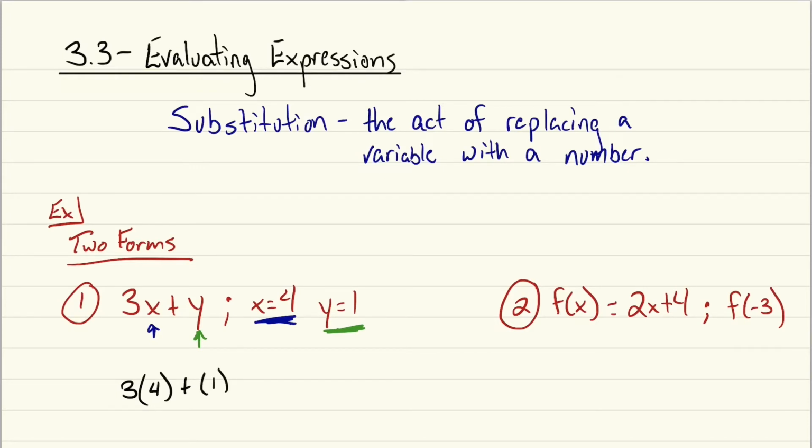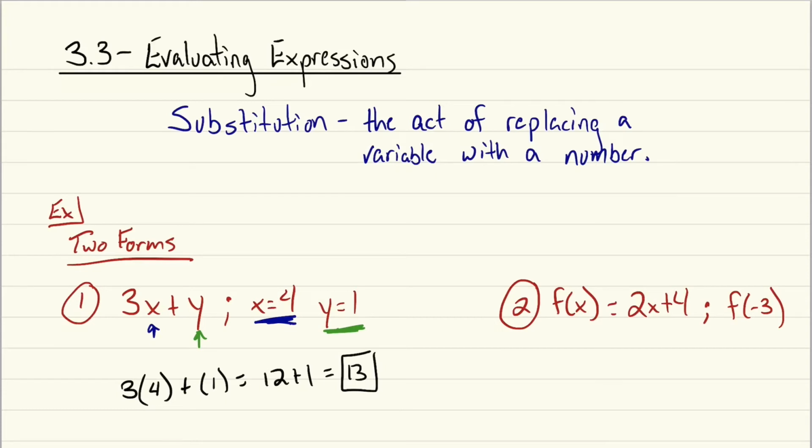So that gives us 3 times 4 plus 1, which is equal to 12 plus 1, which is then equal to 13. So to solve these problems, all we're doing is replacing the variables in the problem with the numbers that they represent. That's your first example.